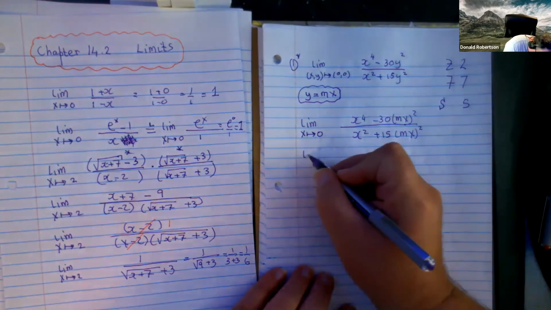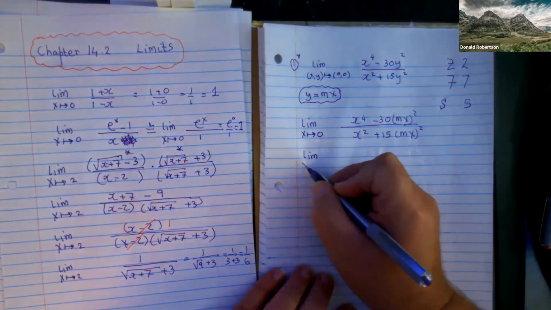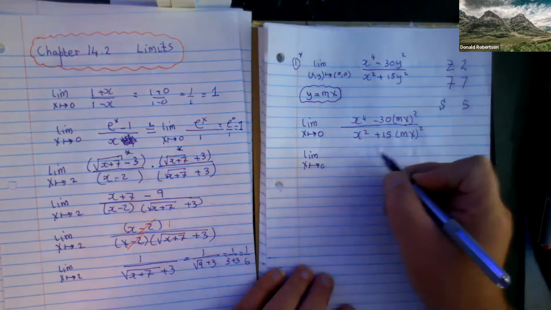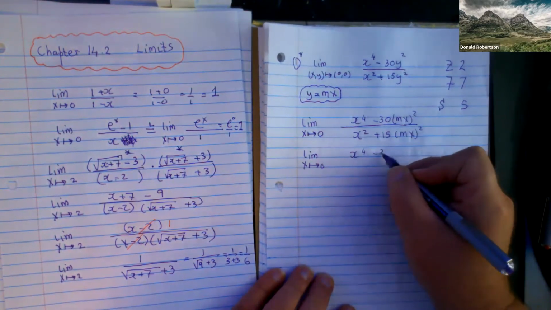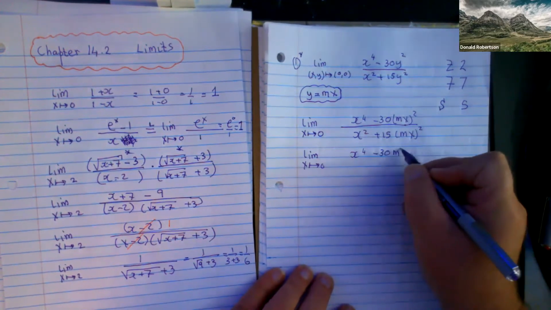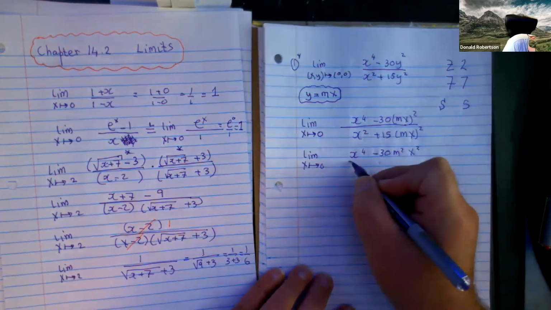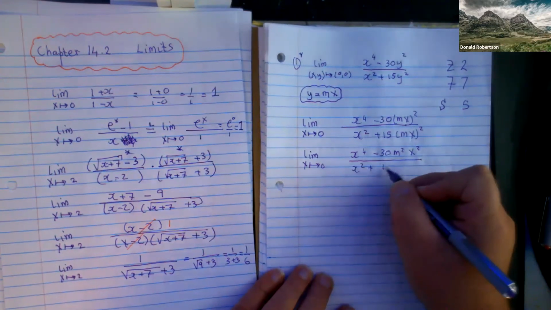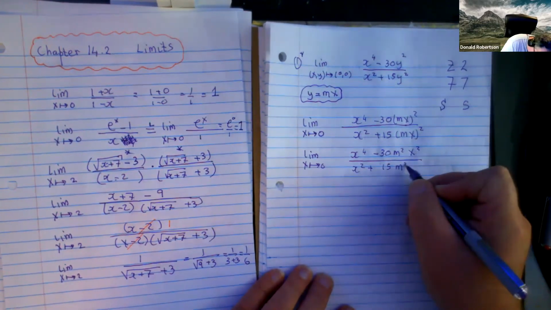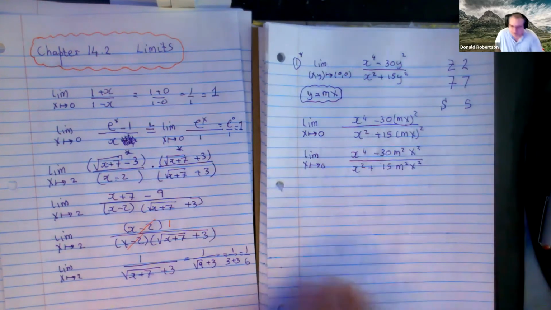Now I'm going to take it a little bit further. And that times itself gets you negative 30 m squared x squared. Style points are vital in these kinds of questions. And there's a little kicker in the tail when we're finished.